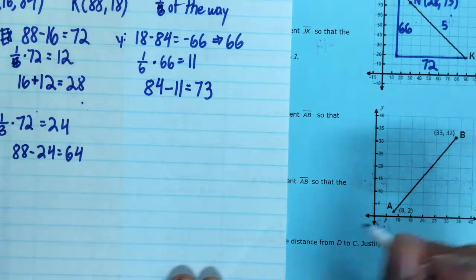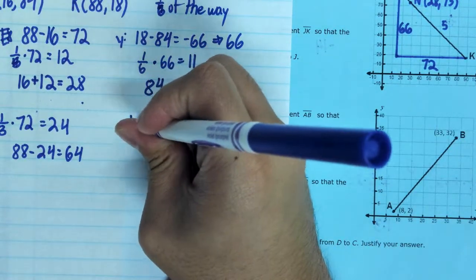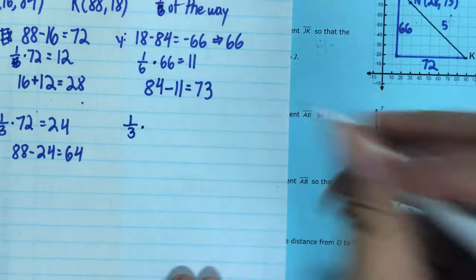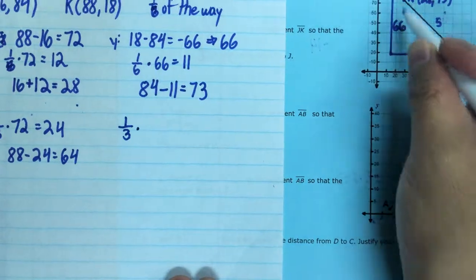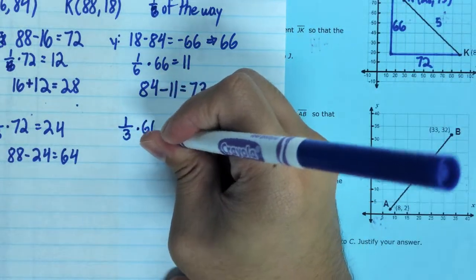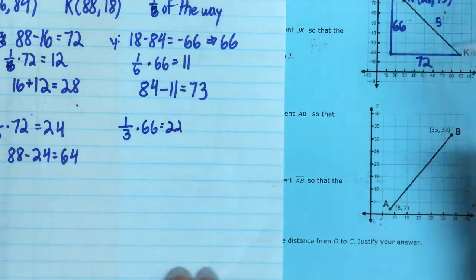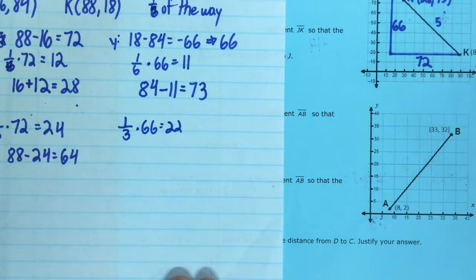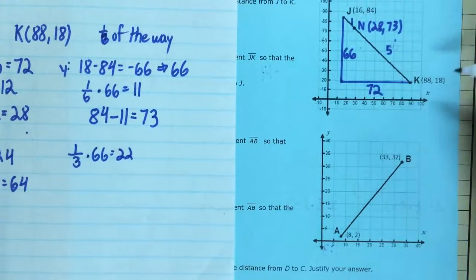Same process for the y. I'm taking that 1/3 distance, 1/3 of 66, which is 22. Starting from K going up, I'm at 18.